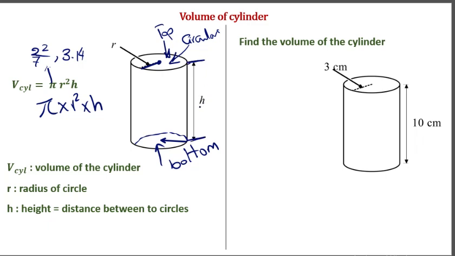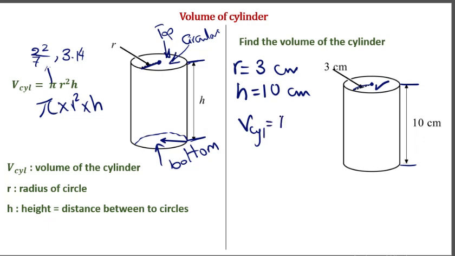Okay, let's apply some examples. Find the volume of the cylinder. R is the radius of the circle. Where is the circle? It is here. The radius is from the center to the end of the circle. It will be 3. And h, the height from the top to the bottom, is 10 centimeters. So the volume of the cylinder will equal pi r square h.